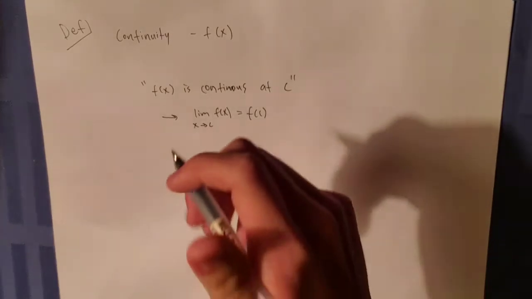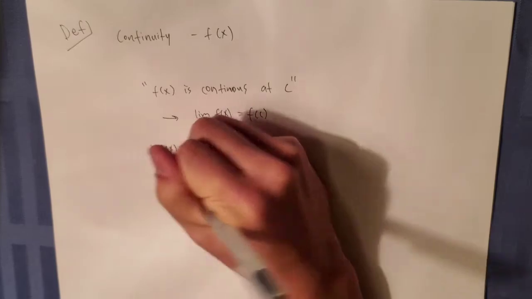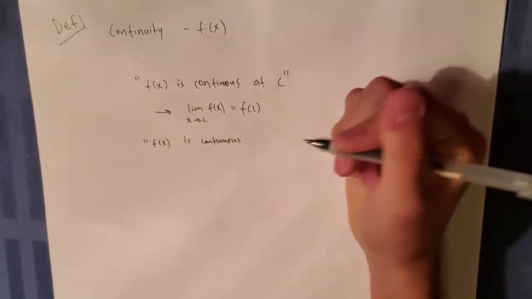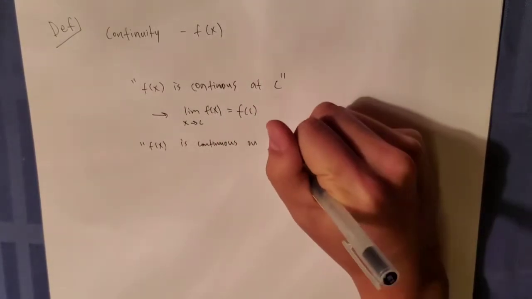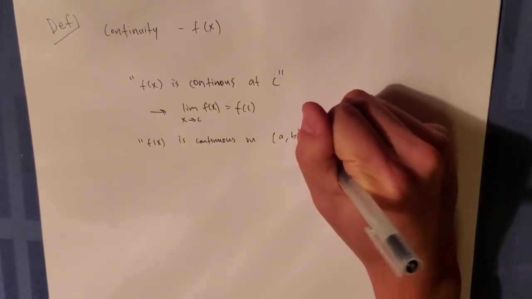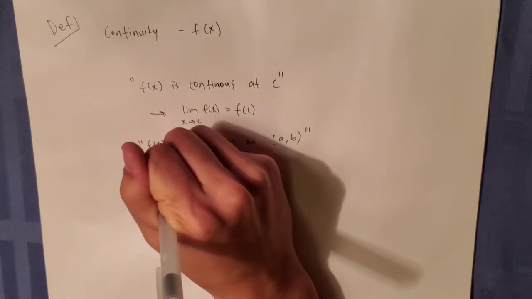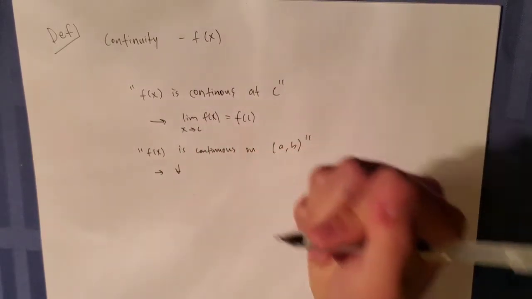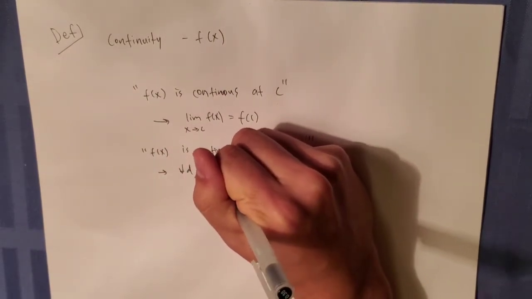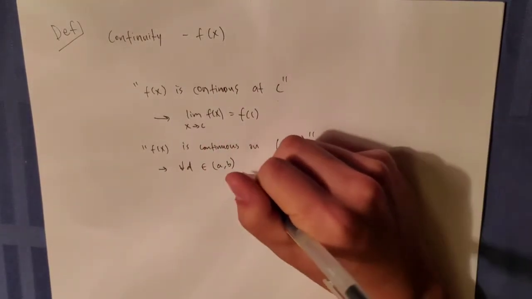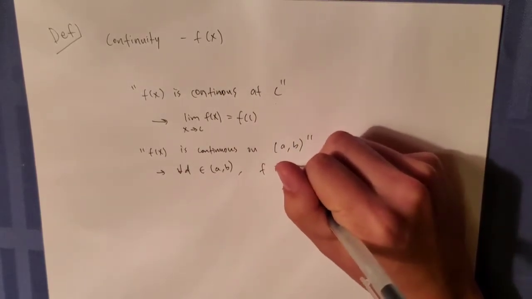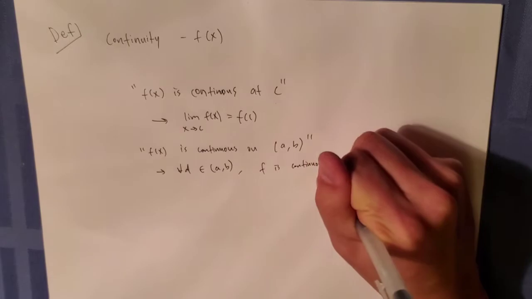So let's just say, when we say f of x is continuous on the open interval a, b, this implies that for any d, since we already used c, d that is in the set (a, b), f is continuous at d.